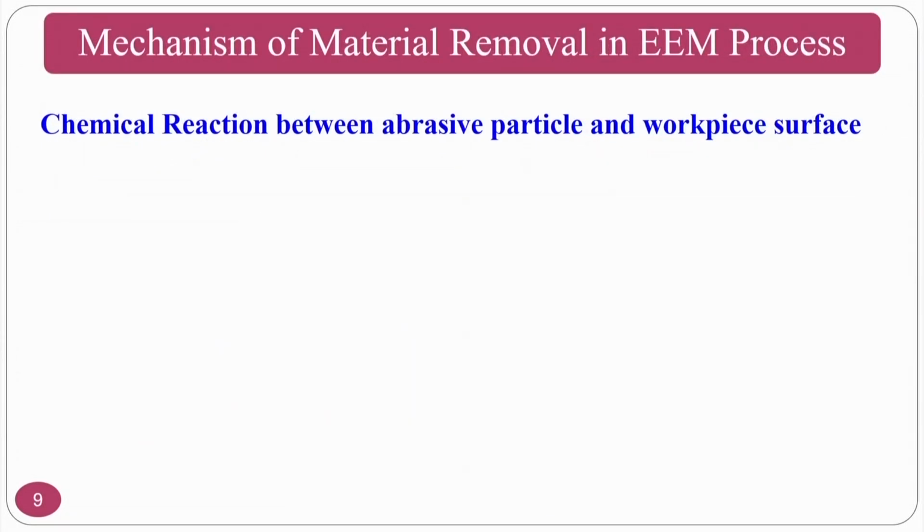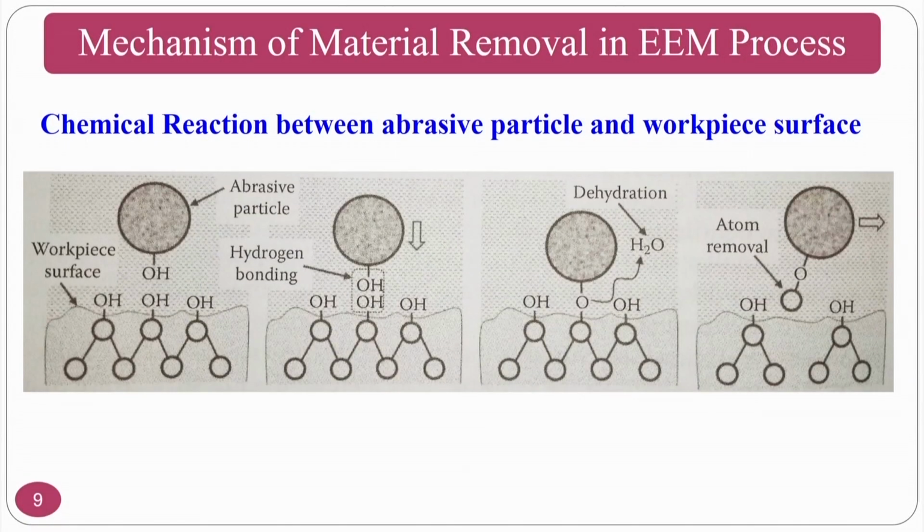Mechanism of material removal: if you see the chemical reaction between the abrasive particle and the workpiece, in case 1, there are water molecules as part of your abrasive slurry. This water molecule has an OH group, and at the same time the surface of the workpiece, over which the abrasive slurry is moving, also has OH molecules on the surface.